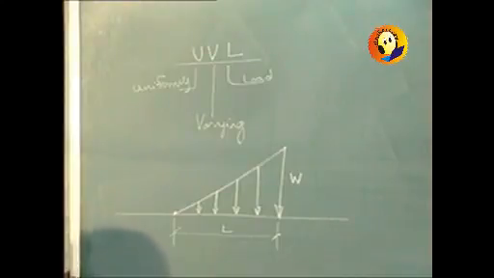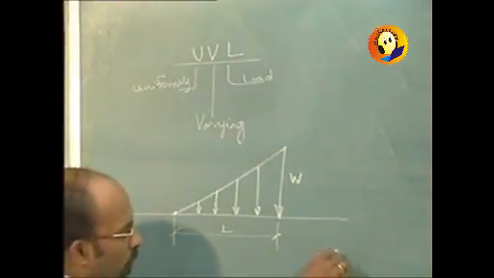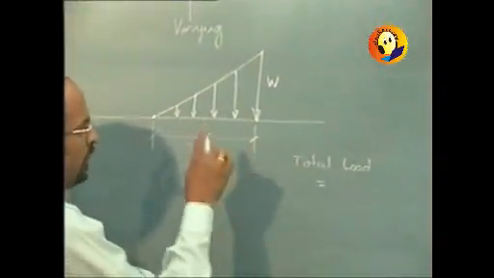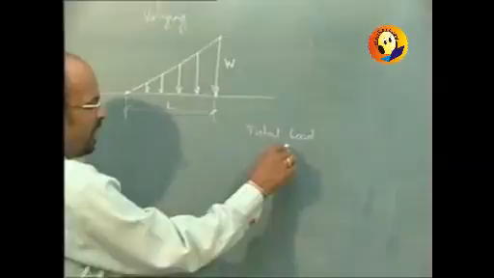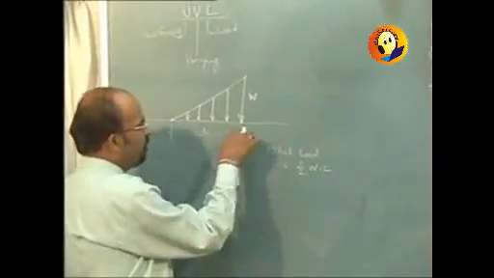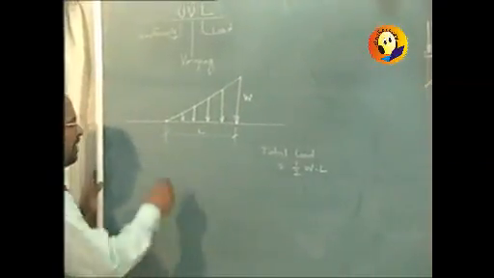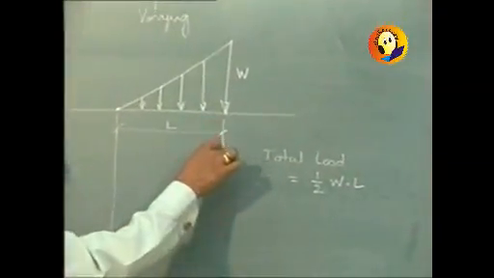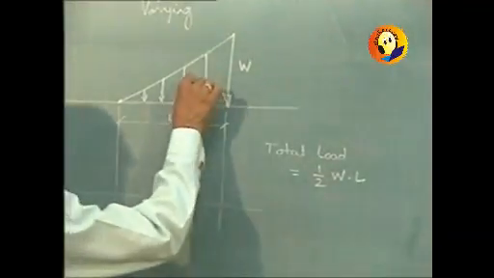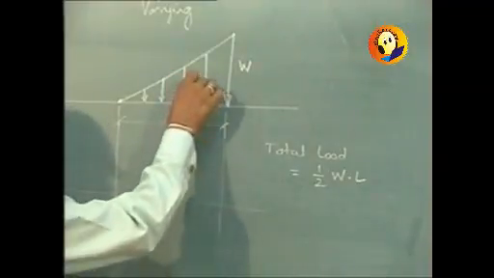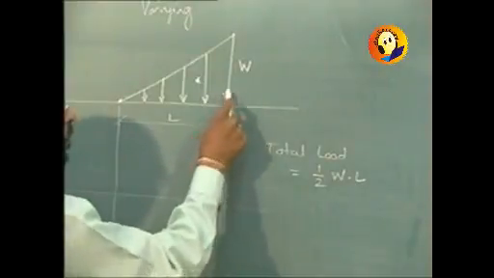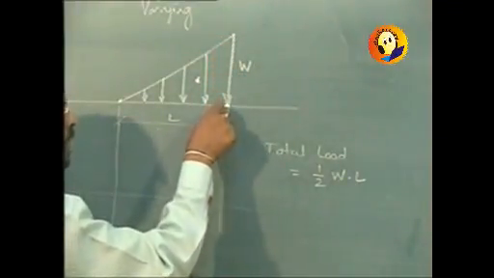Now in this case, the total load or total force due to this will be area of this triangle, which will be equal to 1/2 W into L. It is half base into height. And if it is to be converted to the point load, then this load is going to pass through the CG of this triangle, and CG of a triangle is always at a distance of 1/3 of height from base, but the load should be considered as base.